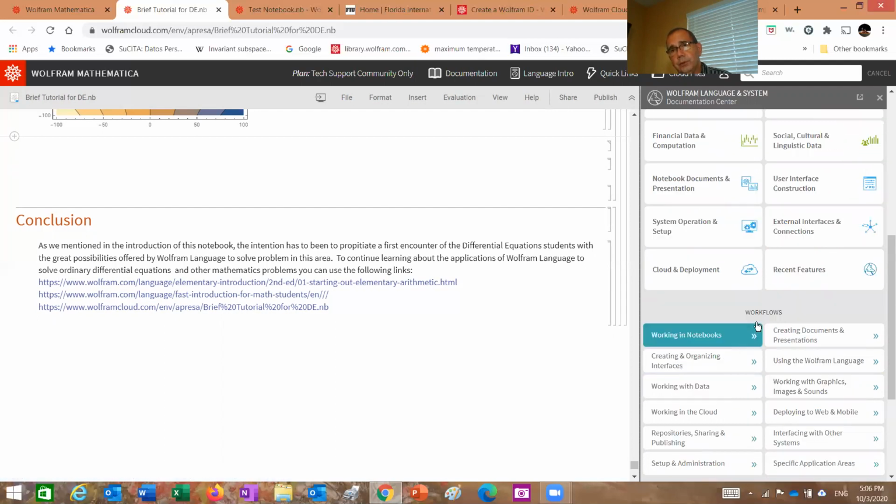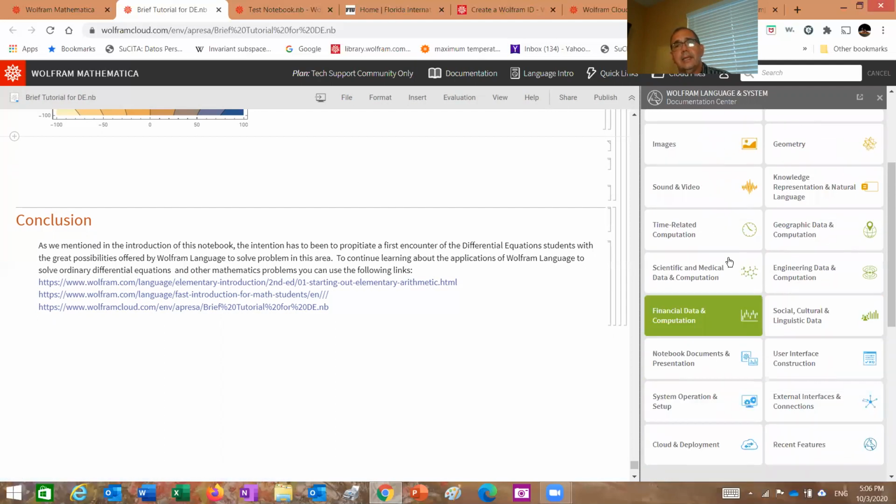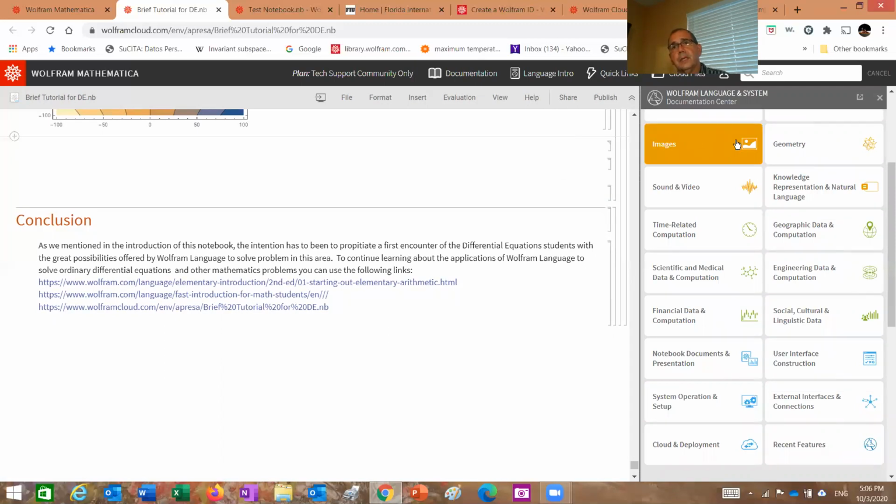There is a lot to learn with Mathematica. It's a nice program, but you don't have to be a specialist in Wolfram Language to be able to do the project that I'm going to assign soon. The purpose of this is for you to start getting familiar with that and to start seeing how to use the different tools offered by this website.